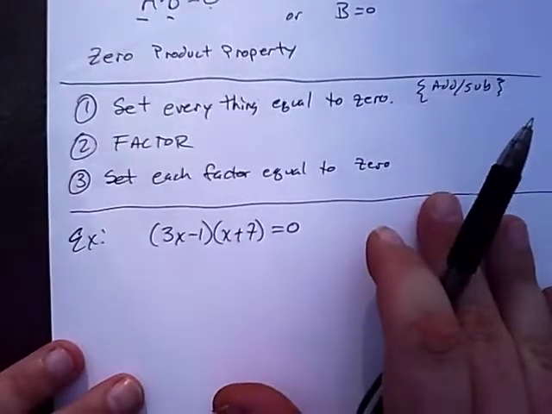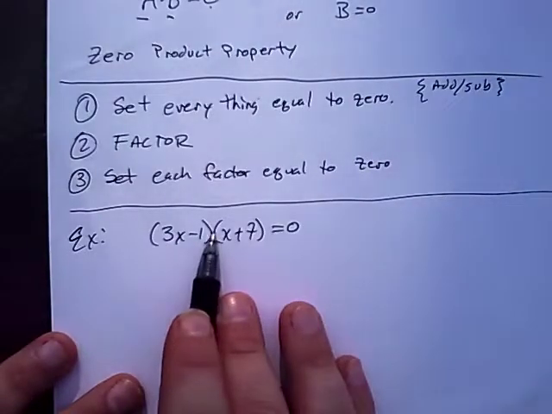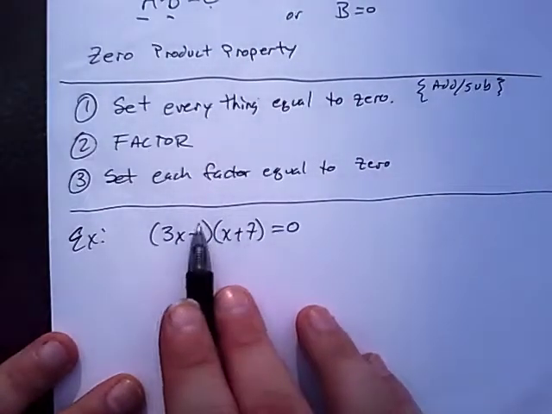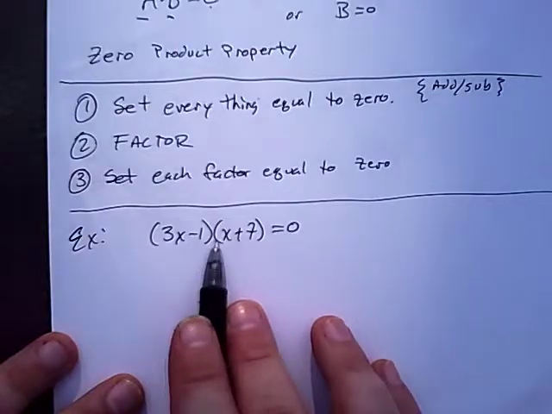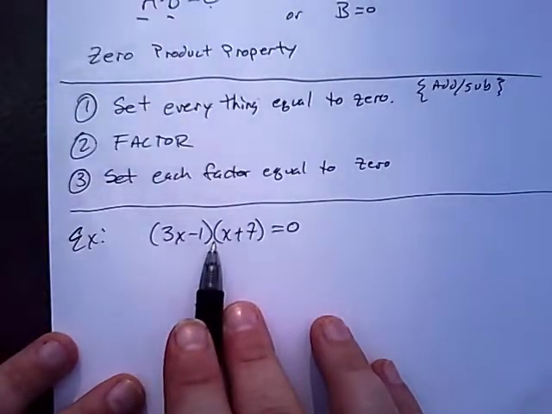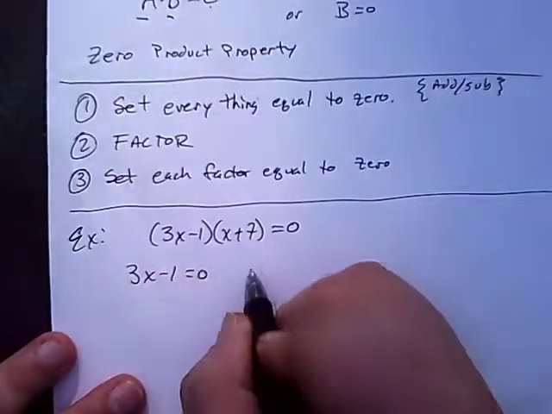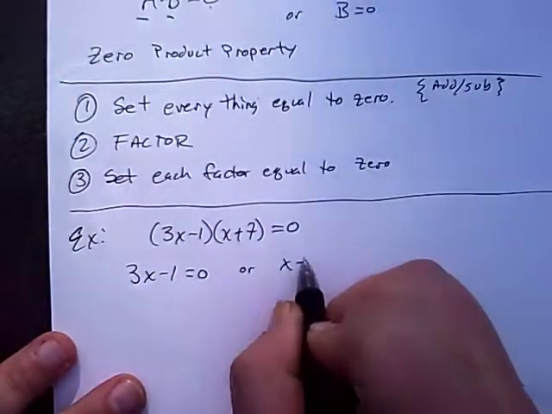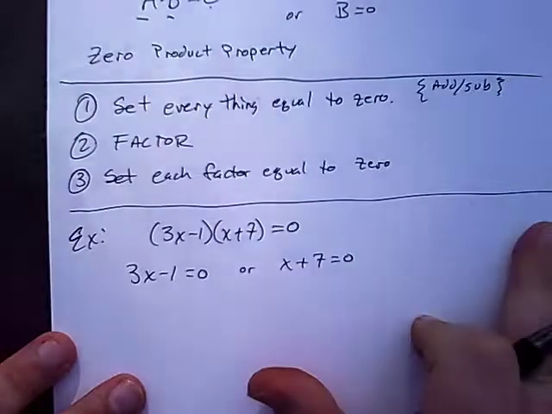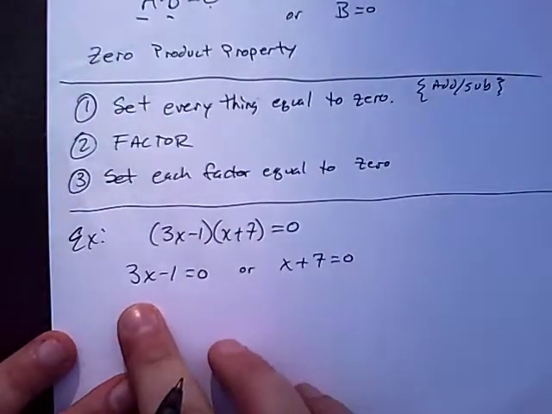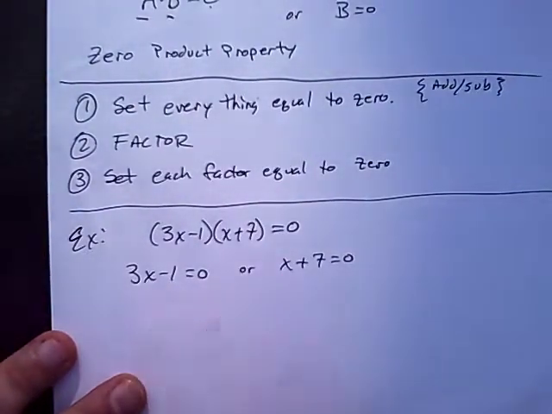So here, on our example, I have something times something equals 0, right? Remember, when parentheses are by each other like this, it means multiplication. So either the first thing equals 0, so 3x minus 1 must equal 0, or x plus 7 must equal 0. And now I can just simply solve these very basic 1 and 2 step equations.